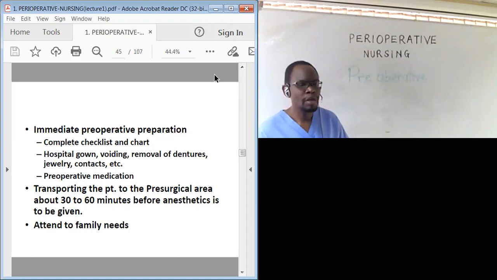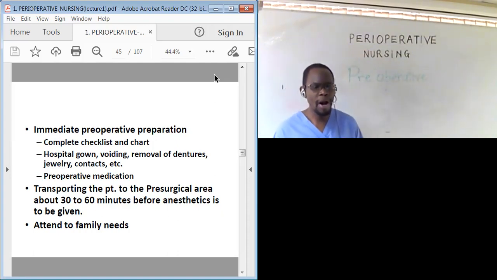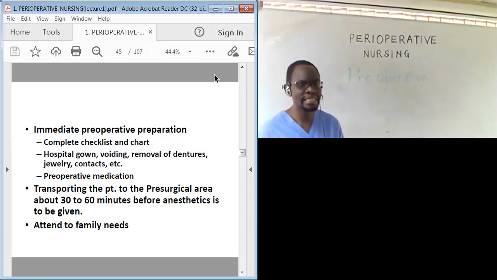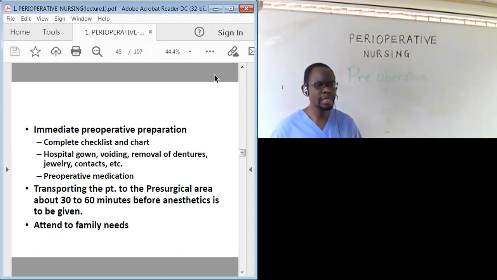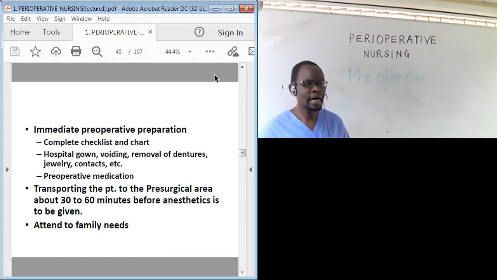Then pre-operative medication. We are going to look at some of the pre-operative medication that is given before surgery. Then transporting the patient to the pre-surgical area about 30 to 60 minutes before the anesthetic is given, and attending to family needs is also very important.